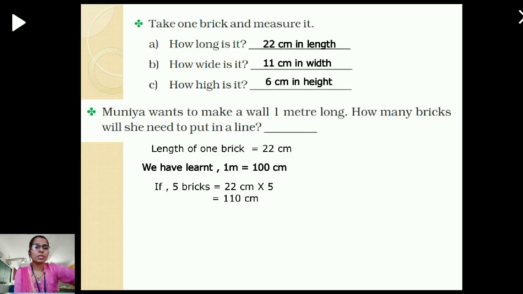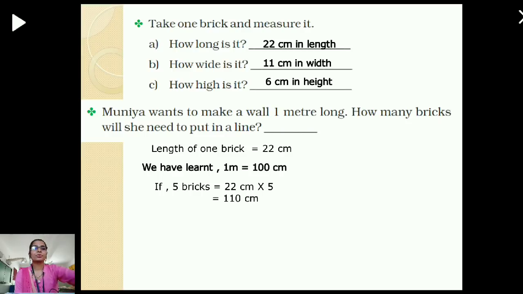The wall which Munia wants to make should be 100 centimeter in length. So the bricks' length should total to 100 centimeter. But if I take 5 bricks, it is going to 110.